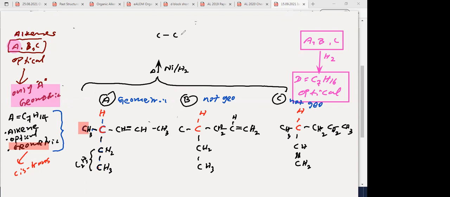Skeleton won't change. Then here what happened? The first one, hydrogen goes to this carbon, then this becomes CH2, CH3. And this side it becomes CH2, CH3. And the other side, hydrogen, hydrogen. So here you get CH2, CH3. And this side you get CH3. This is the same structure.